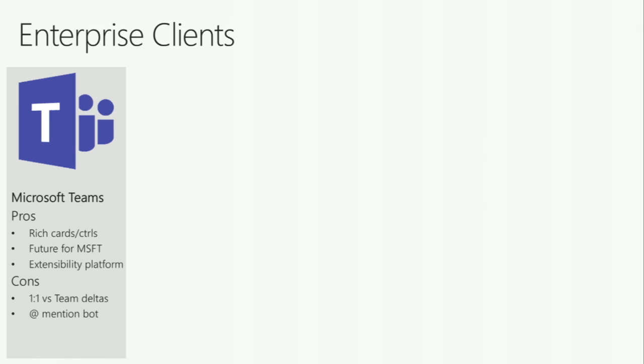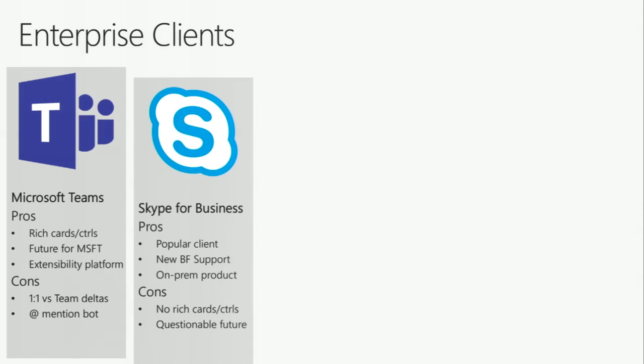So if Jeremy wanted to build a bot at Hyperfish that allowed me to upload a new profile photo, Teams would be a very awkward client for that. The reason is a one-on-one chat with a bot doesn't allow you to send an attachment. The team chat does. If I'm in a team channel with a bot, I can send attachments, but one-on-one doesn't. So that's a bit of a limitation for Teams.